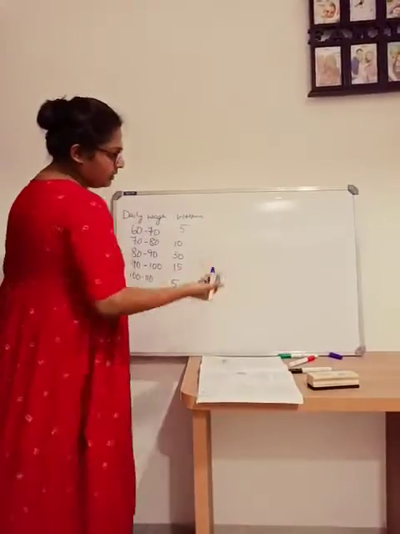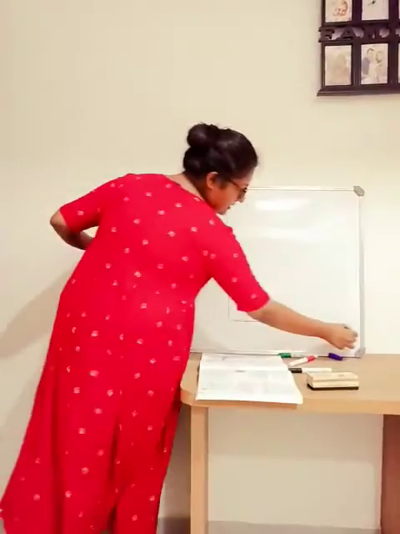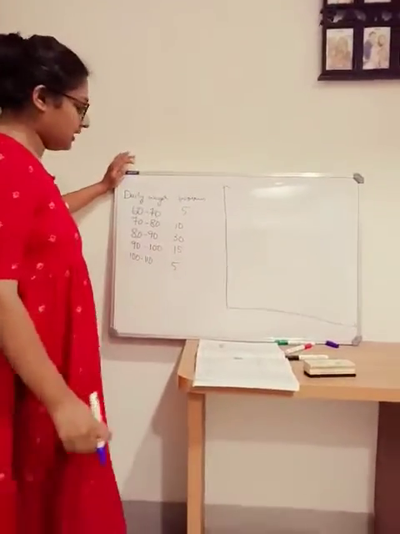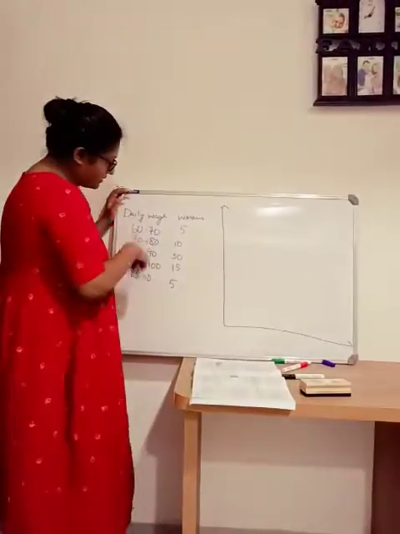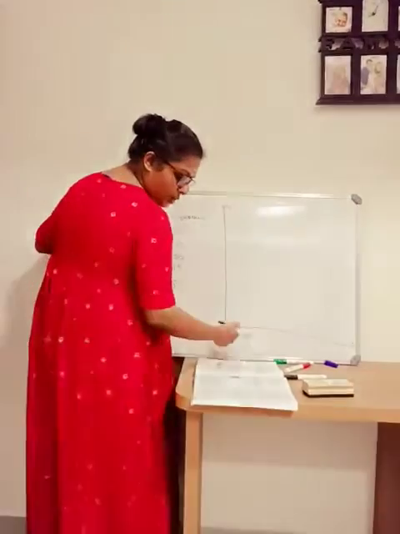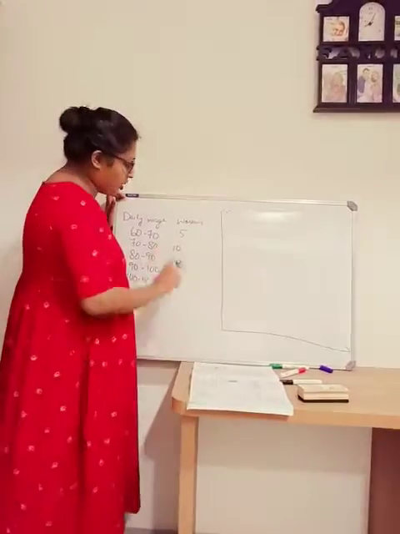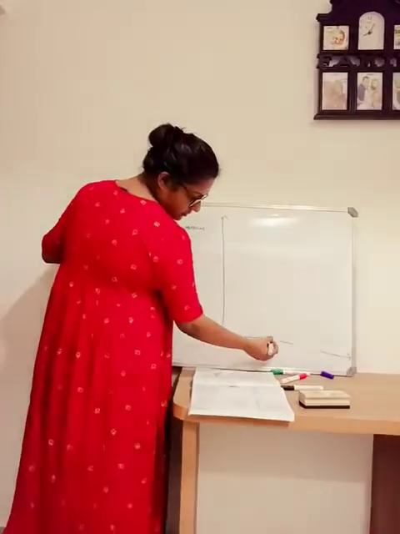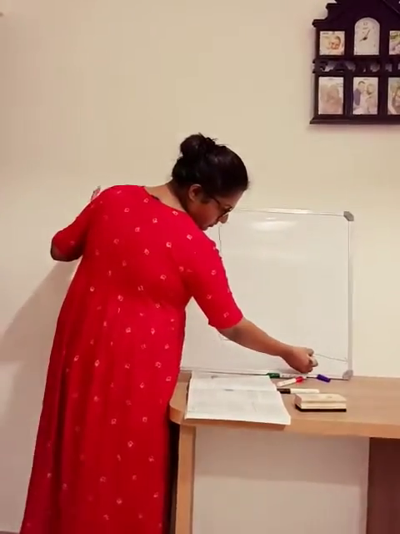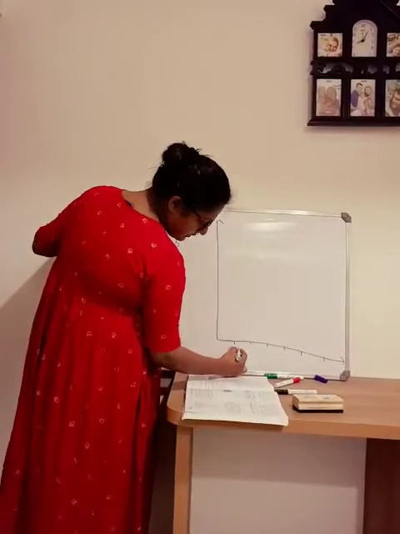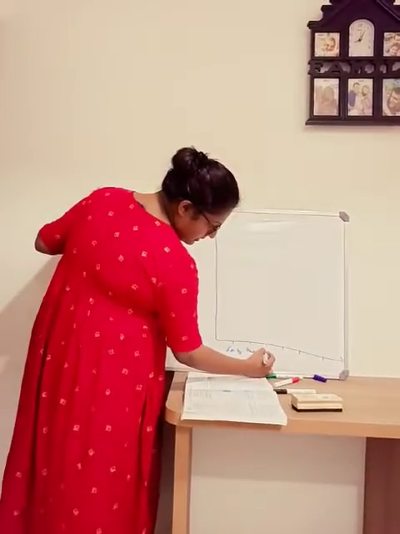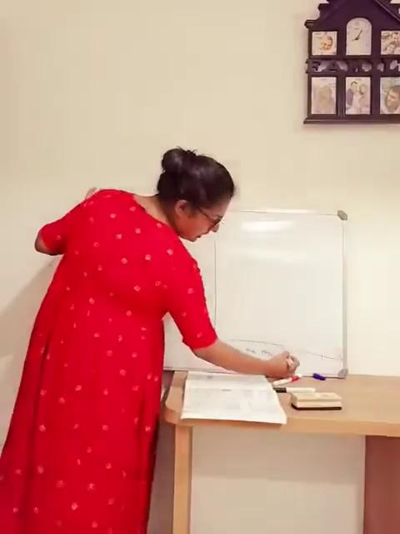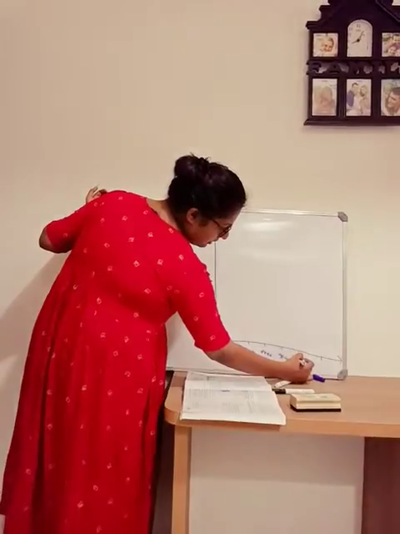Now draw the x-axis and y-axis. Now we have to take the scales. The class interval, this daily wage, will come here. You have to take, see, here it is not starting from 0, so you have to leave a gap here and start from here. This is 60 to 70, 70 to 80, 80 to 90, 90 to 100 and 100 to 110.